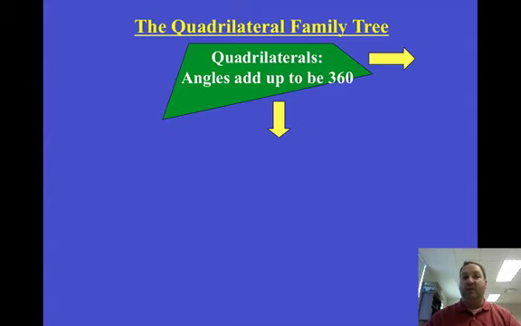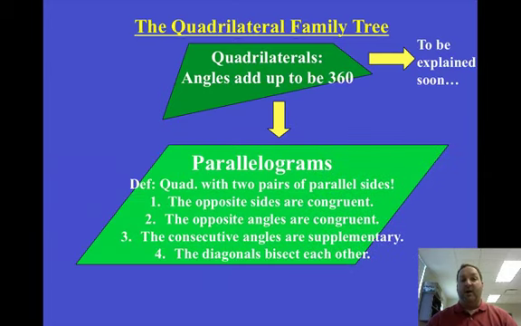All right. The next one below the quadrilateral is going to be the parallelograms. A parallelogram is a special type of quadrilateral. If you notice, it still has four sides. 1, 2, 3, 4. But what defines a parallelogram is that it is a quadrilateral with two pairs of parallel sides, meaning that the sides will never intersect.